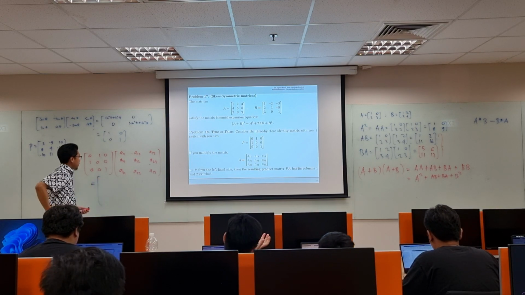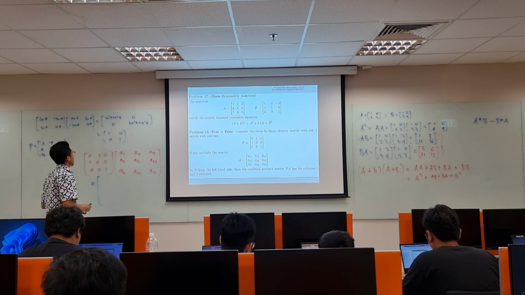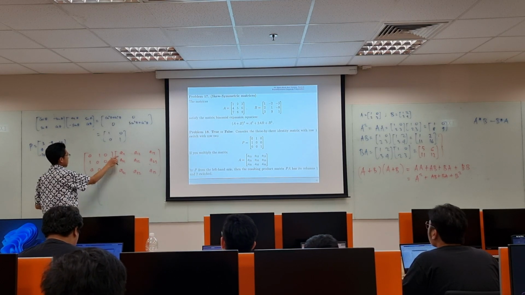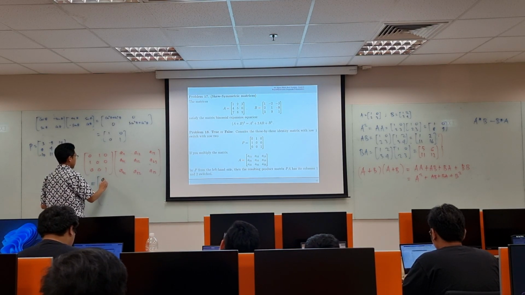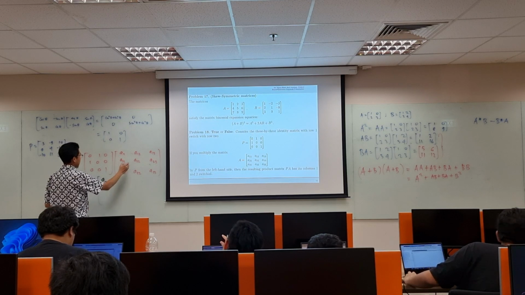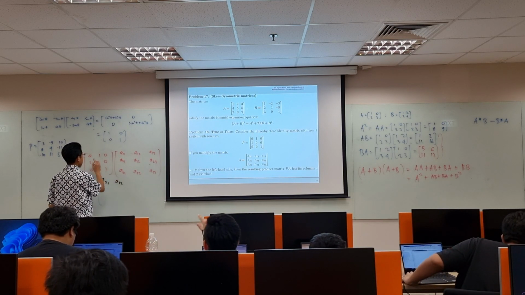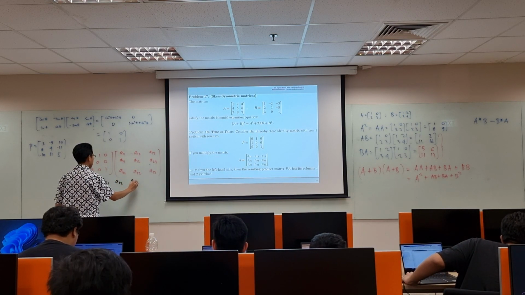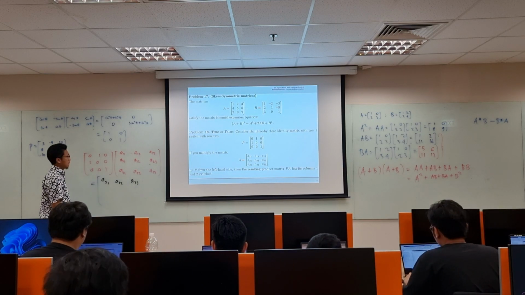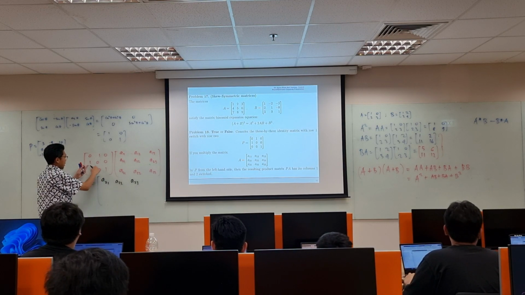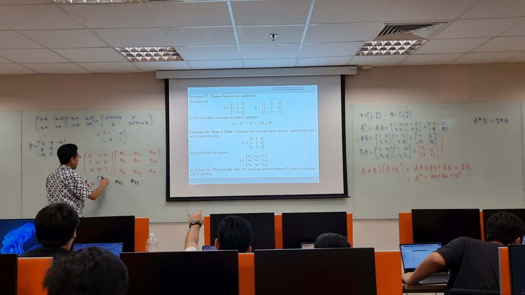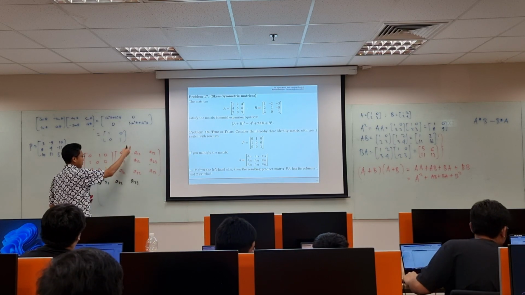Okay, where is my black one? This is 8 to 1, 8 to 2 here, 8 to 3. For the second row here, you use the second row and multiply with all the columns.